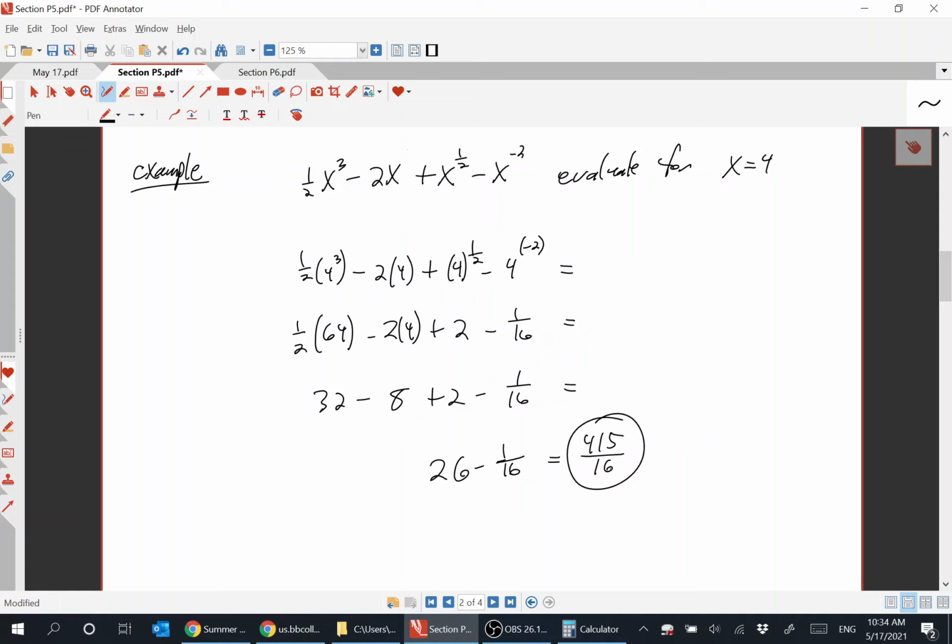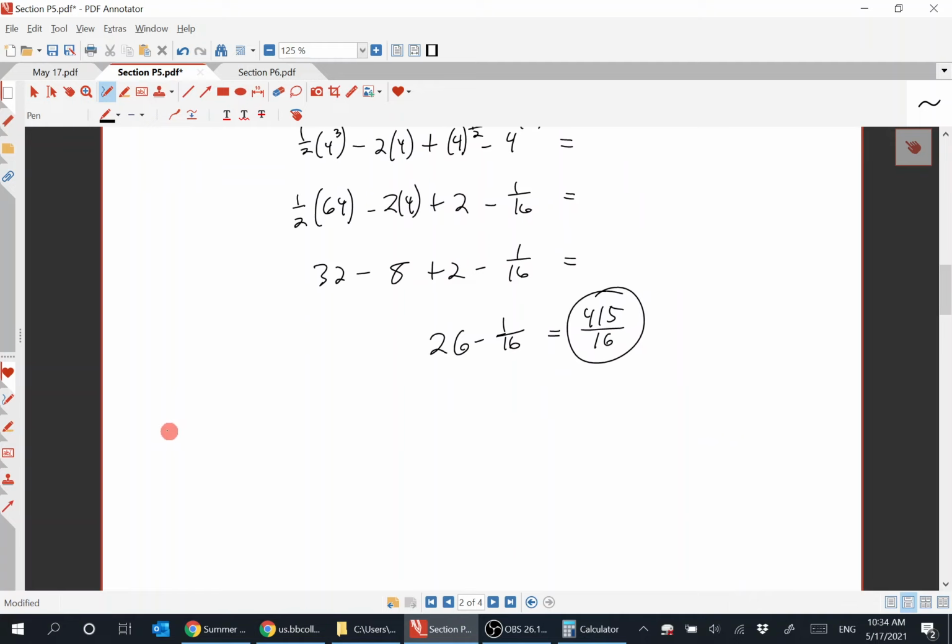That's the standard way in which an algebraic expression is written, the standard form.